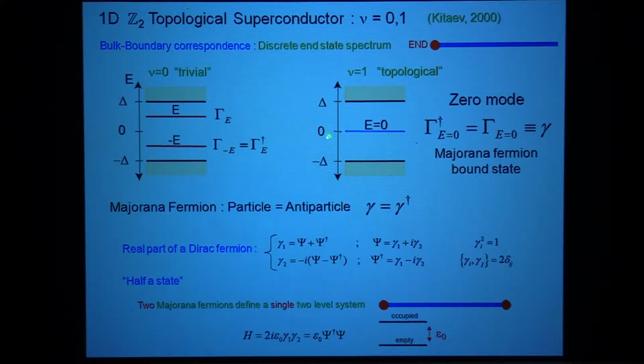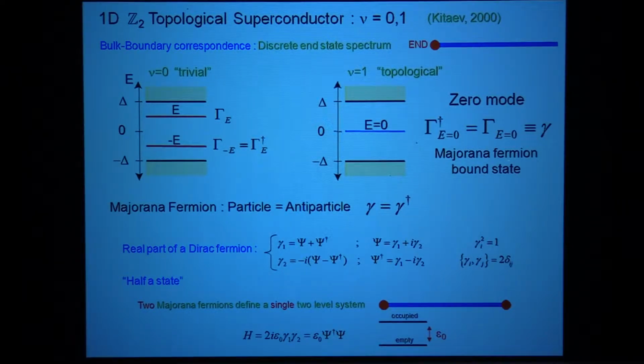Okay, so now, of course, this zero mode is sort of a magical thing, because I told you that we have this intrinsic redundancy that we've imposed in our states, and so adding a particle at energy E is the same thing as removing a particle at energy minus E. Well, that means that adding a particle at energy zero is the same thing as removing a particle at energy zero.